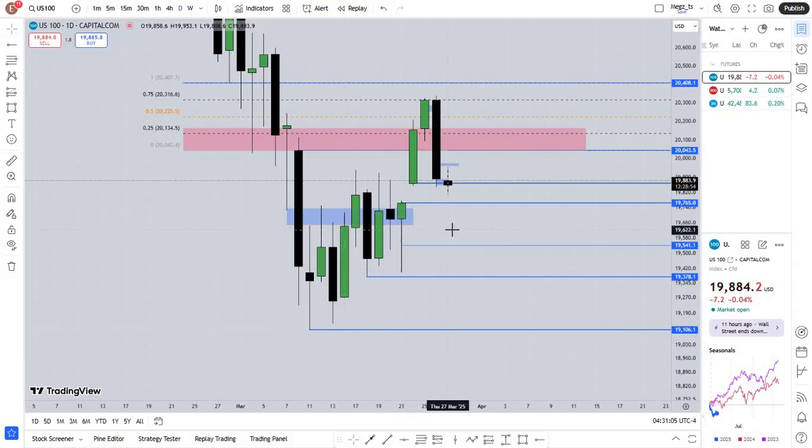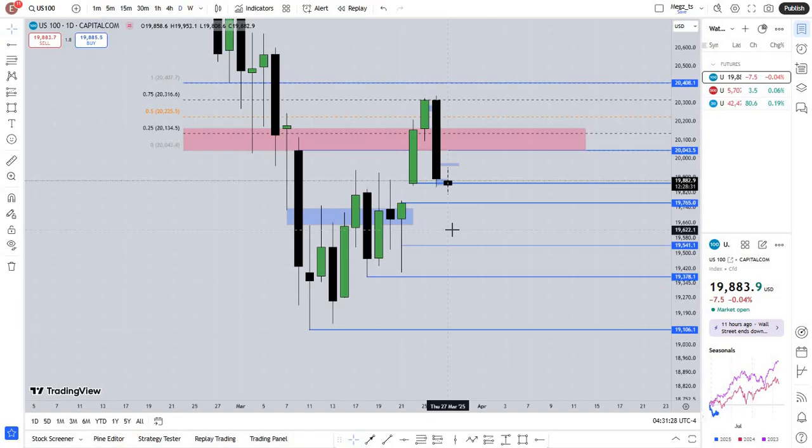Also, I remember someone said I should throw more light on the draw on liquidity. It's very simple. You have to understand one thing about the market. The market only goes for inefficiencies, that's volume imbalance, and liquidity. That's all.